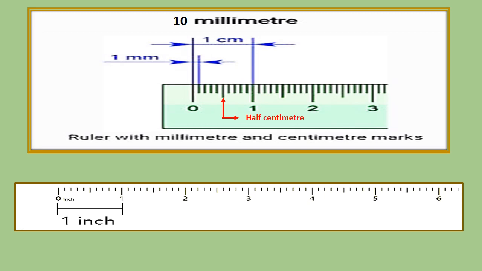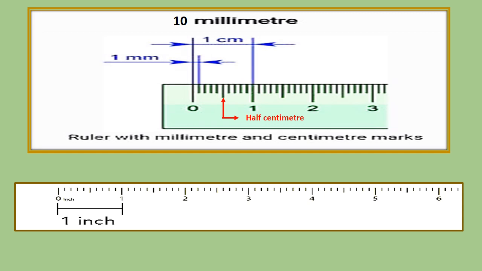Here you will see the divisions between two long lines are a little longer as compared to centimeters. 1 centimeter is equal to 0.394 inches. It means a centimeter is a smaller metric unit than an inch. Will you find out how many inches are there on your ruler?